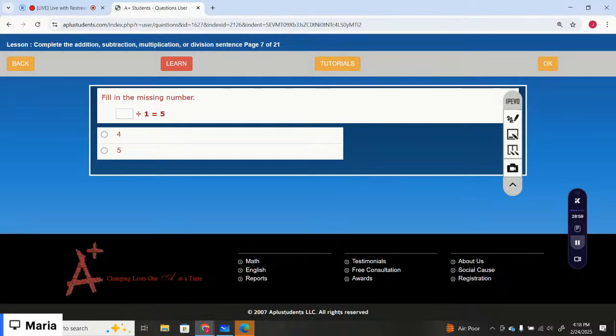Fill in the missing number. That is 5 divided by 1 is 5. Option number 2 is the correct option.